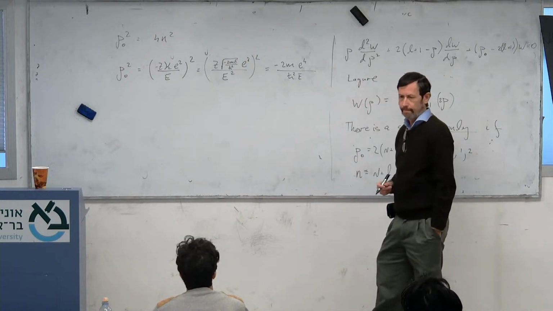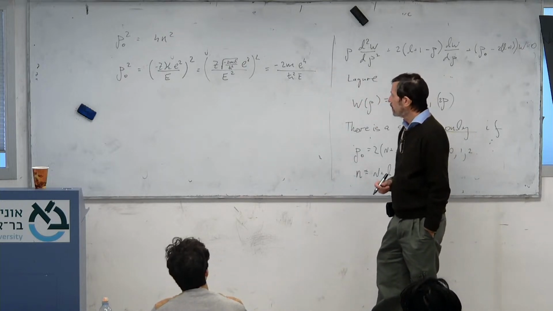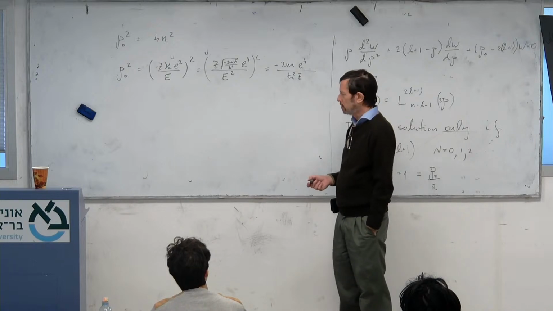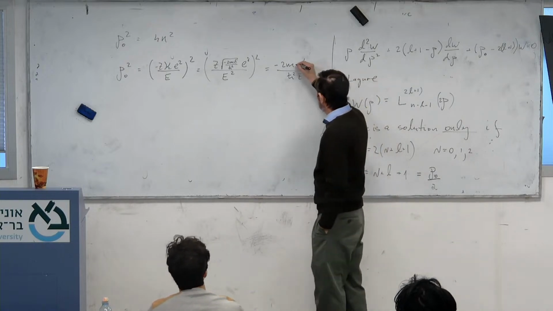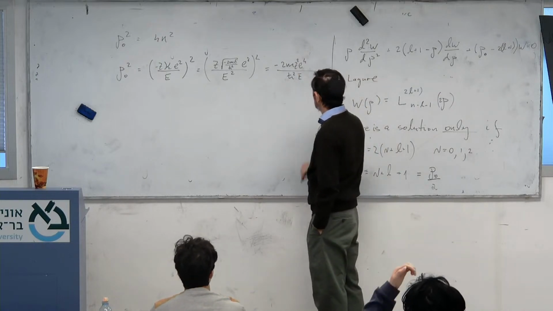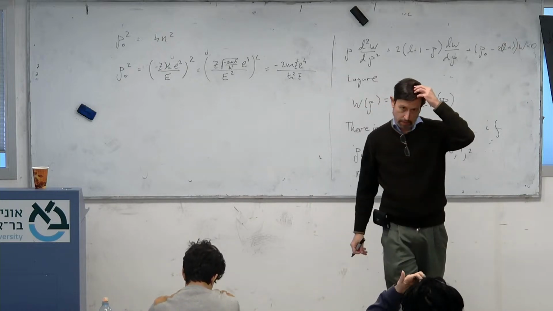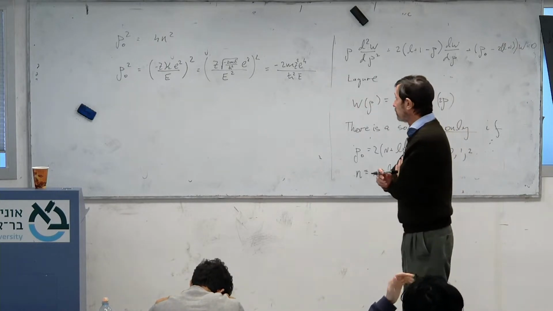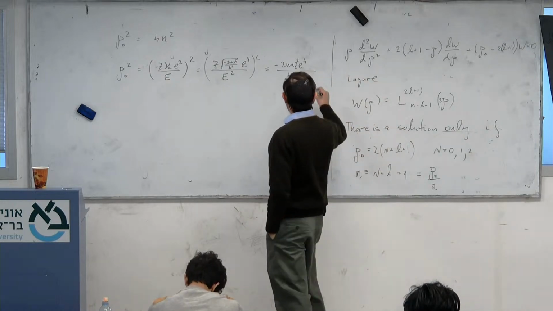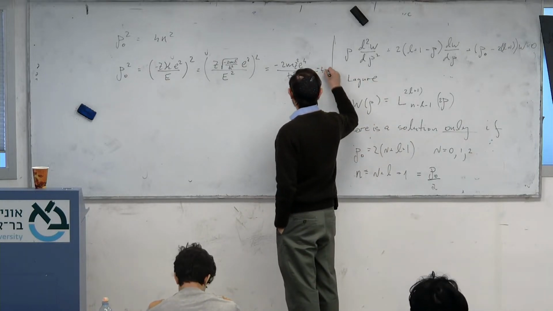Okay. Times Z squared. And this is equal to 4n squared.